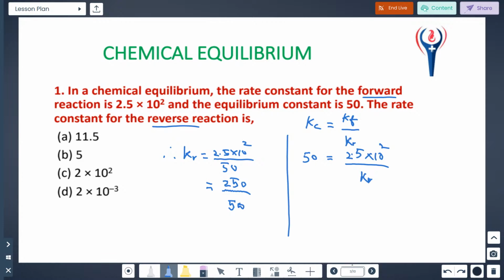Now you can cancel this 0, 0. So the answer will be 5. 5 is the answer. Simple one. If you know this formula, you can easily solve this kind of sums. Very simple sum. Answer will be 5. Understood? Next one.